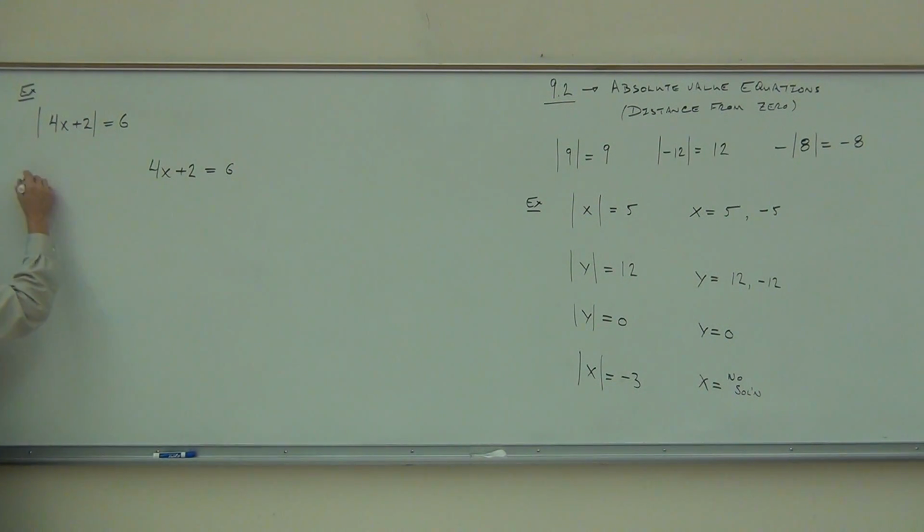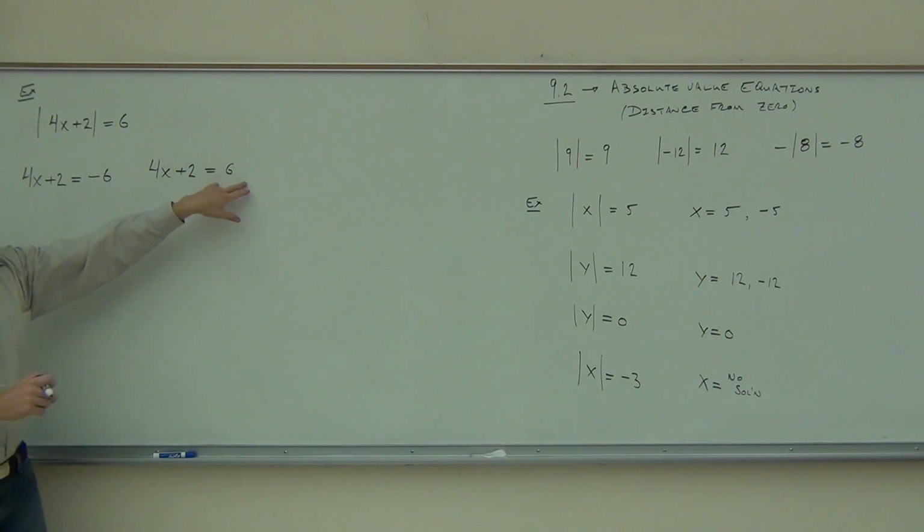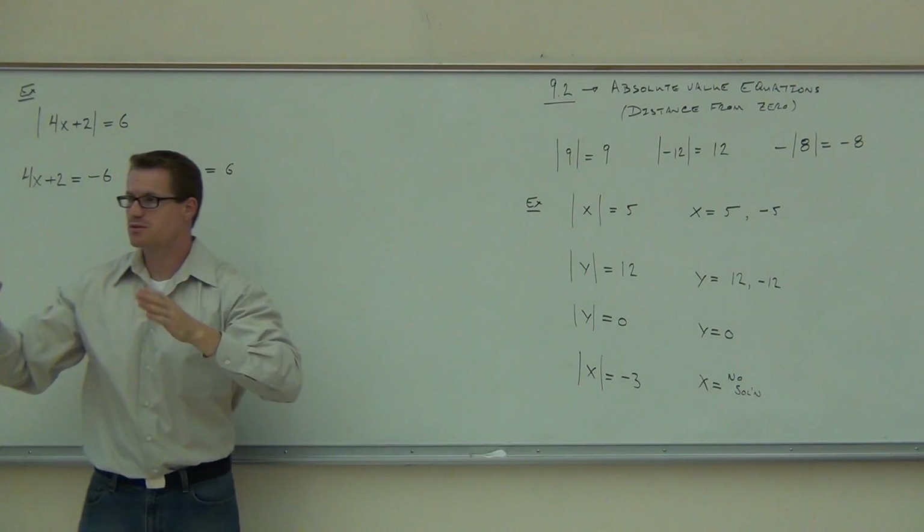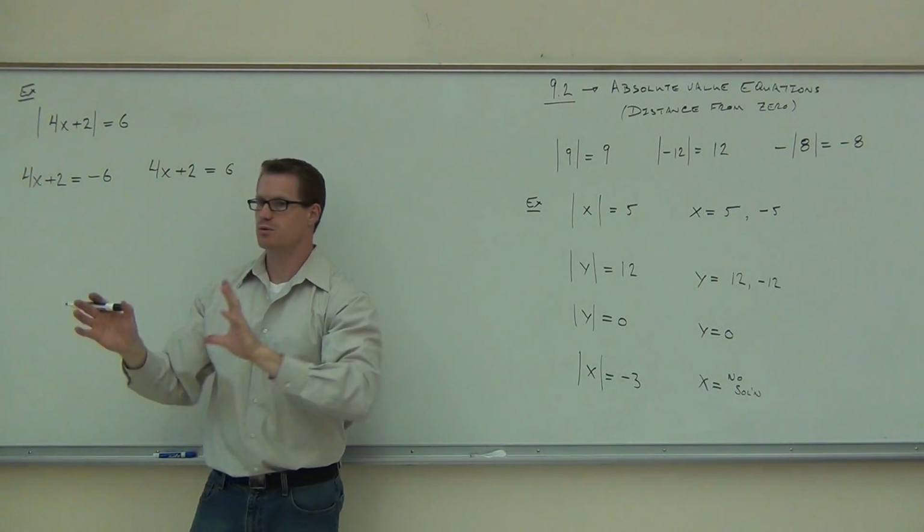However, I also know that if the inside of my absolute value equals -6, what's the absolute value of -6? 6. What's the absolute value of 6? 6. If I set this equal to -6 and this equal to 6, it doesn't really matter because the absolute value is going to make both of those things equal to +6.